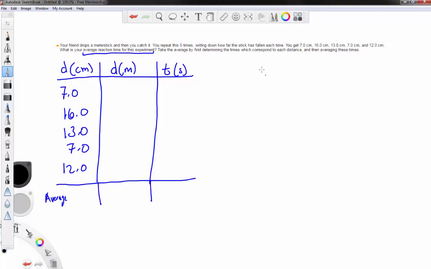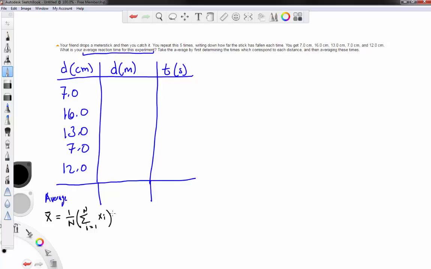Remember that if you want the average for measurement x, it's x with a bar over it, and it's 1 divided by the number of measurements that you made times the sum of each individual measurement. From i equals 1 to n, x sub i is how this would look mathematically.